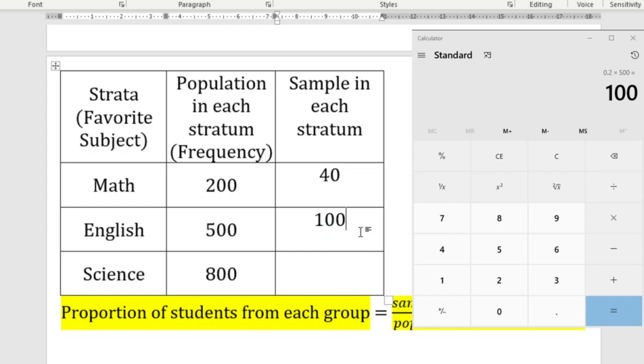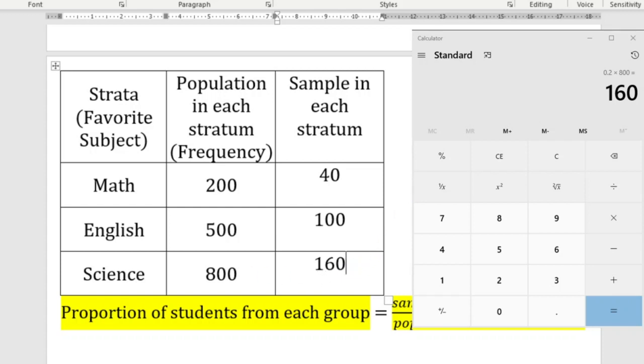That means we will interview 100 students whose favorite subject is English. And lastly, again, we multiply 0.2 by the frequency, which is 800, and we got 160 students. We will interview 160 students whose favorite subject is science.